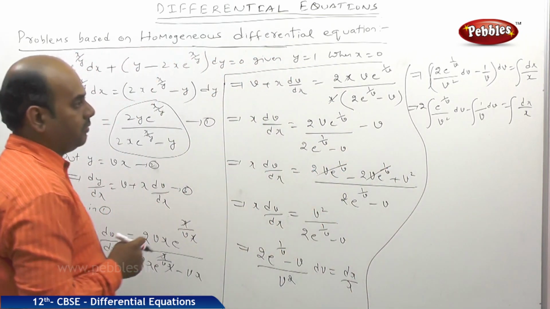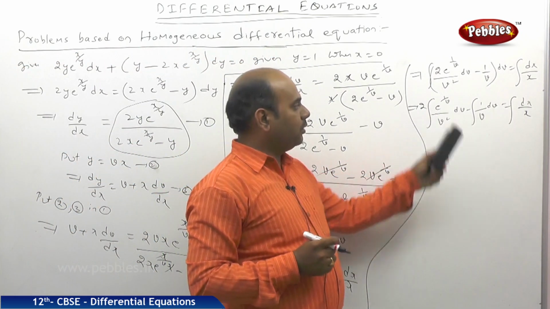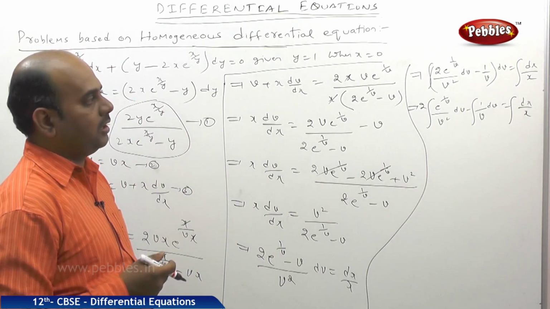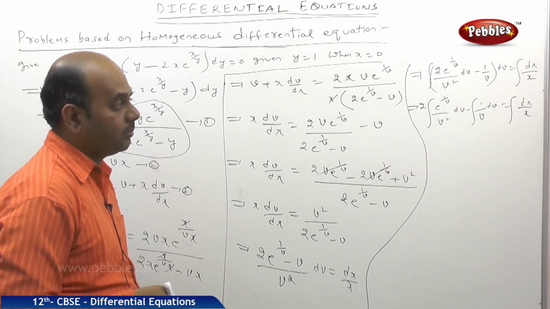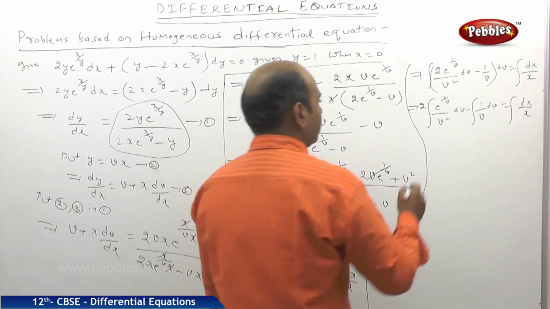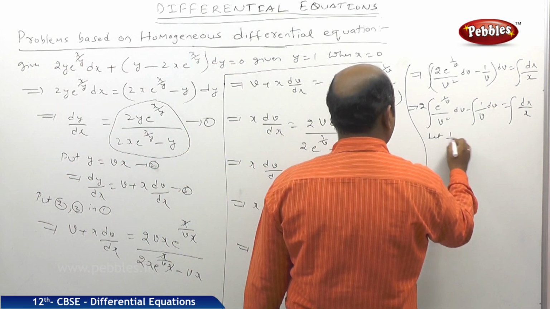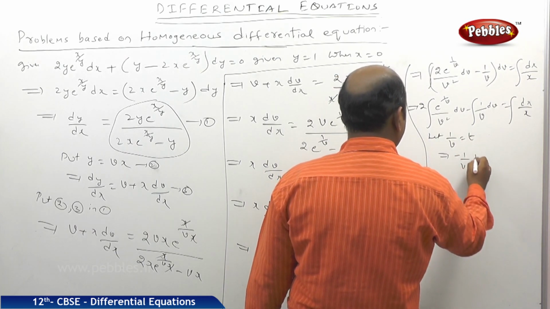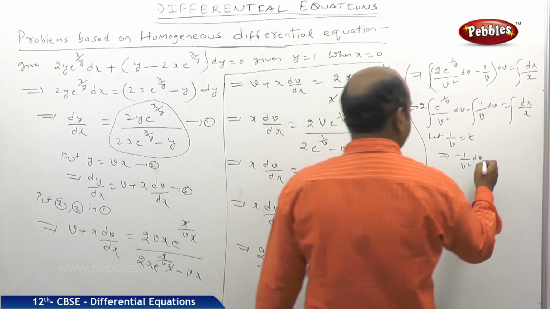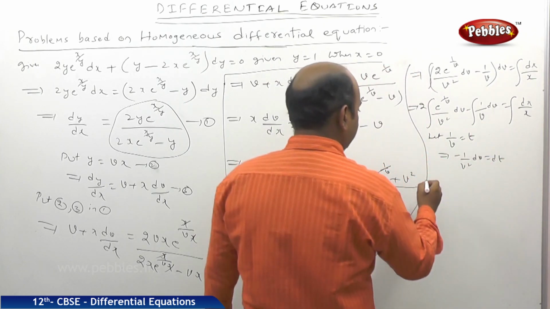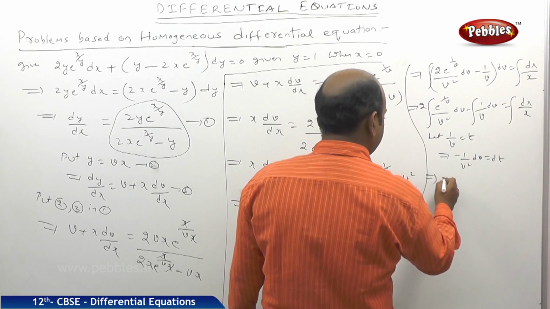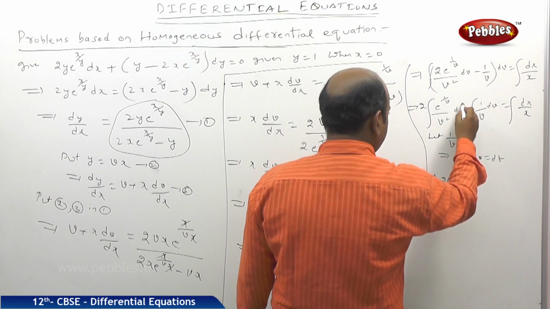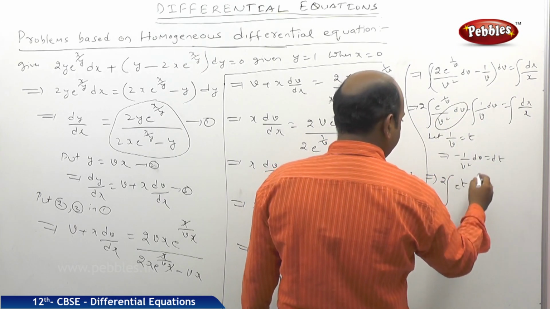Now if you could observe carefully, if I put 1 by v as t, then what happens? Derivative of 1 by v will be minus 1 by v square dv. So here, for my convenience, put 1 by v is equal to t. So minus 1 by v square dv is equal to dt. So the problem turns out as 2 into, so this becomes e power t and dv by v square becomes minus dt.